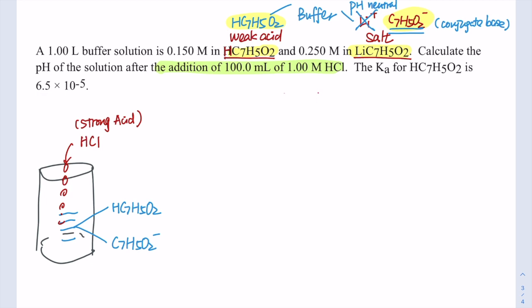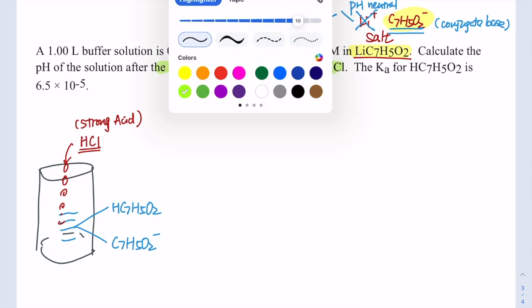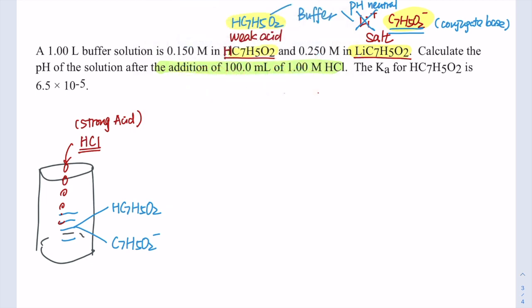Since you're adding some acid, if the solution wants to resist changes in pH, the acid needs to be neutralized. By whom? From your buffer, who can neutralize the acid? We have a weak acid and its conjugate base, and the base sounds about right. If we're adding some acid, the base will come and neutralize it, so they will react.